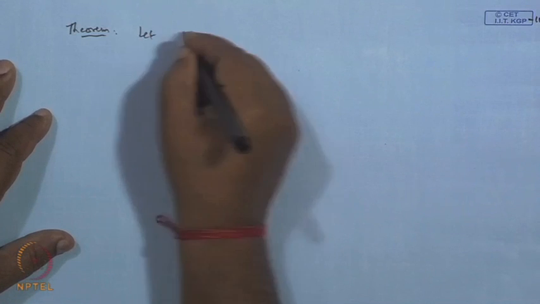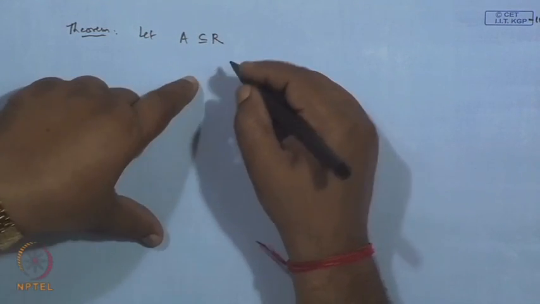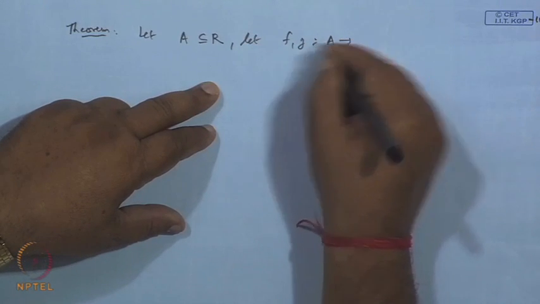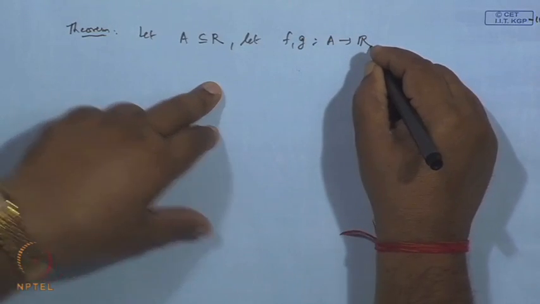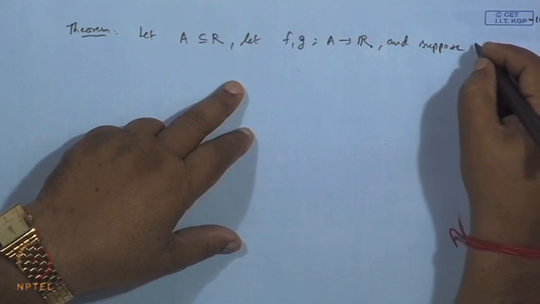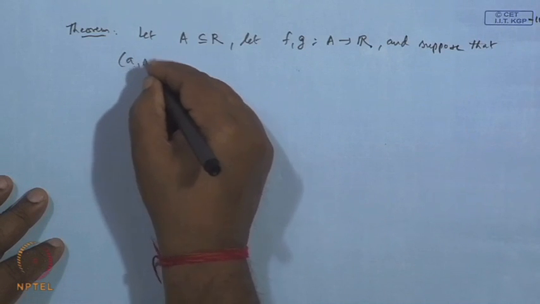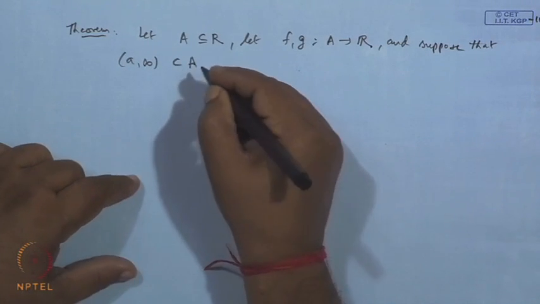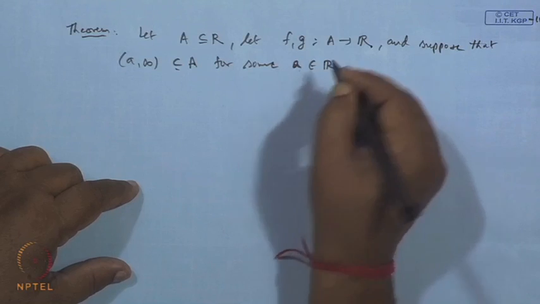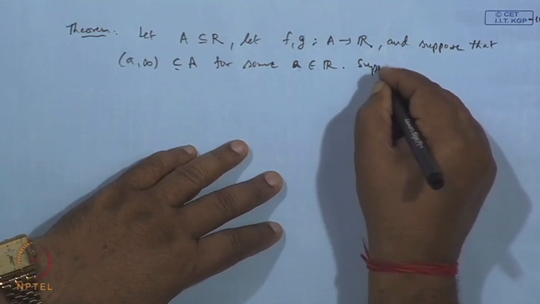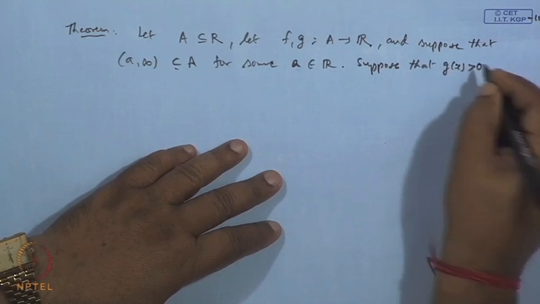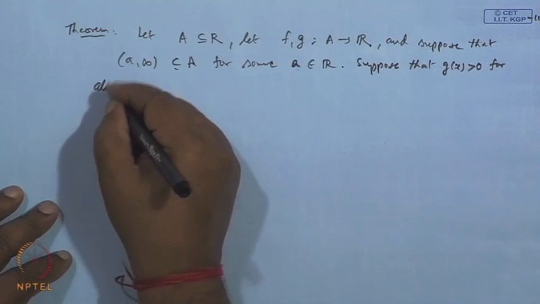Let A be a subset of R, and let f, g be mappings from A to R. Suppose that the open interval (a, infinity) is contained in A for some a belonging to R, and suppose that g(x) is always positive for all x greater than a.